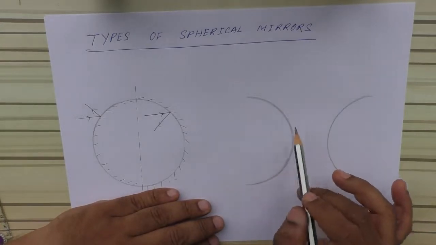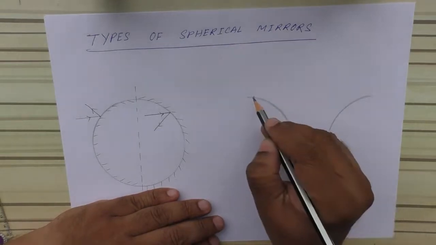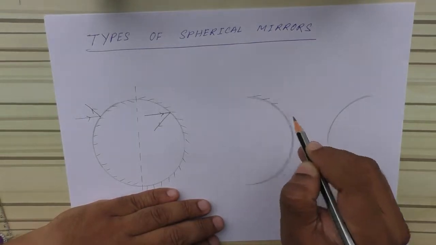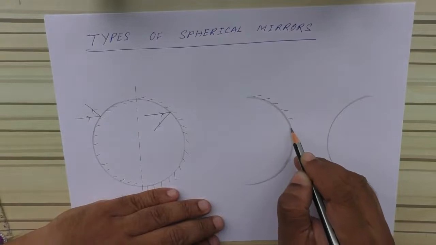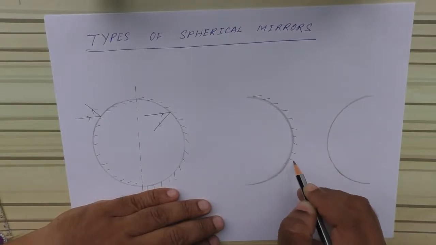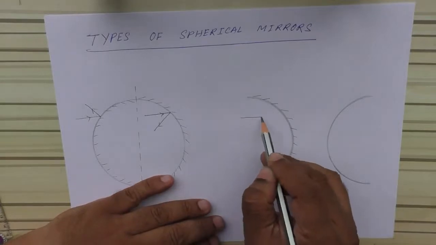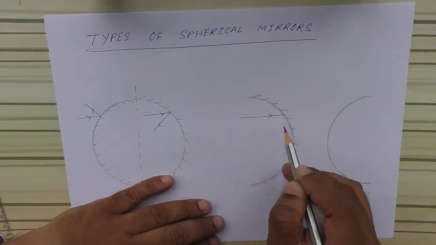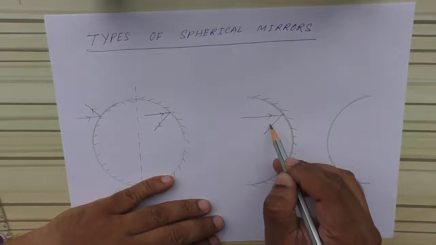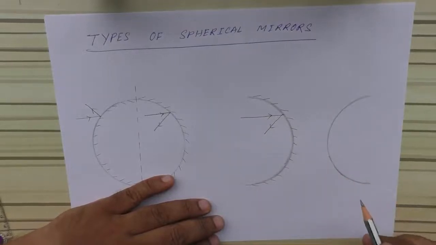Now which is concave mirror? Concave mirror is a type of spherical mirror which is polished from outer side and in which reflection of light takes place from inner surface, or we can say bent in surface or concave surface.